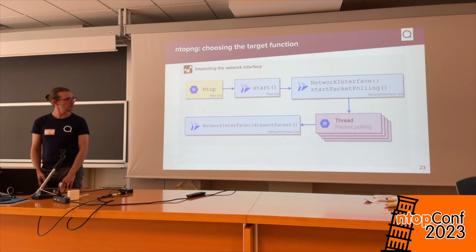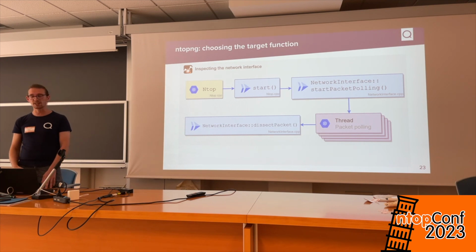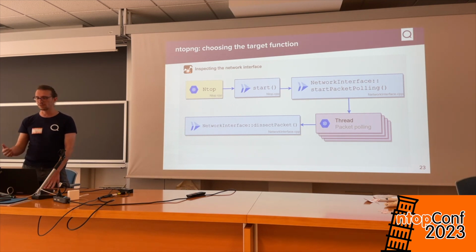Internally, when you start ntop, you call the start function that will call the start packet polling for each network interface. In this case, I will just focus on the case where we only have one network interface to monitor, since the code is always the same.